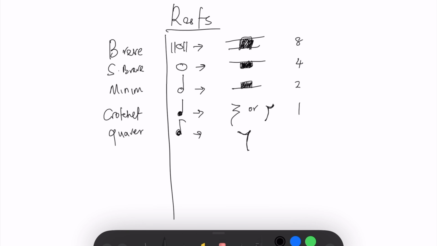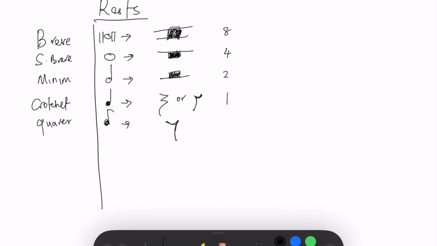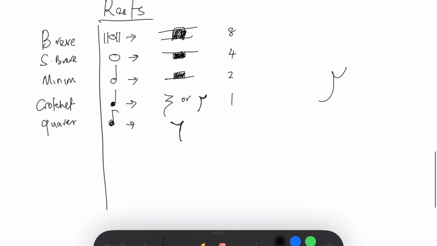Now notice the difference, don't get it confused, between the crotchet rest symbol and the quaver rest symbol. The crotchet is this way, like an F, and the quaver is like a Y. The semiquaver, which is egg, stem, 2 flags, we have 2 flags as well.